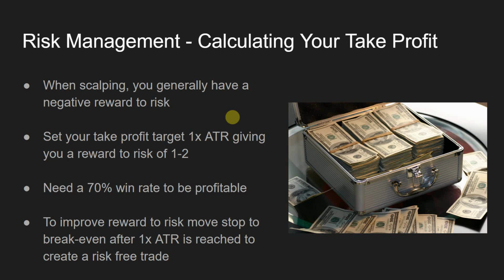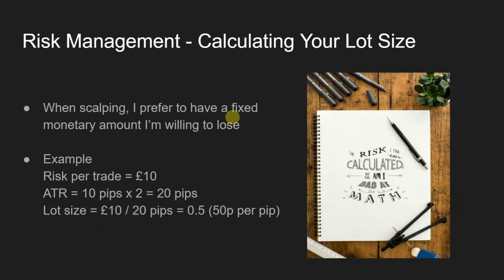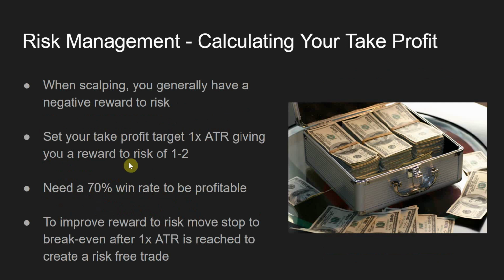Traditionally, what I would normally advise at the beginning, if you're very new to trading or new to scalping, is aim for a take profit of 1 times the ATR. So if we look back at the previous example, if the ATR was 10 pips and you had a 20 points stop loss, your take profit target would be 10 pips. Therefore, it gives you a reward to risk of 1 to 2. So I'm looking to gain £10, but I'm willing to lose 20.